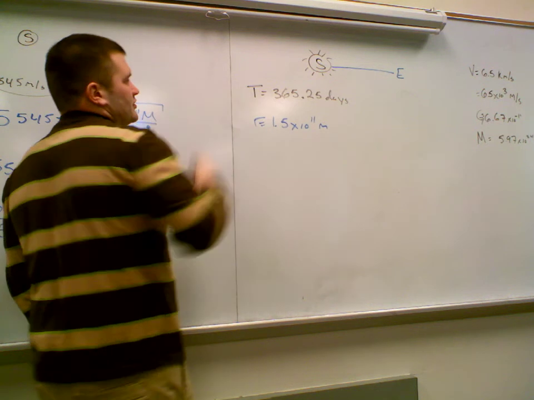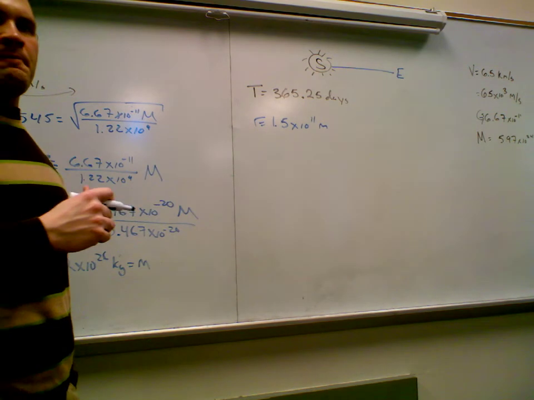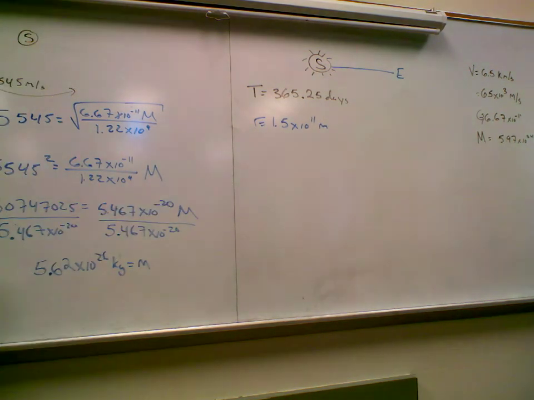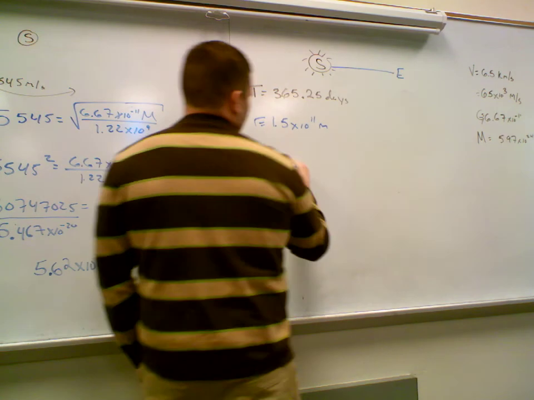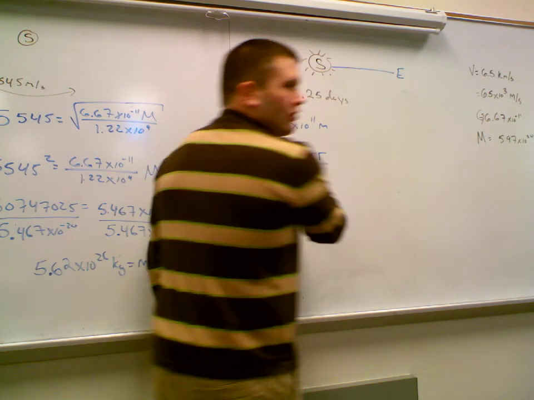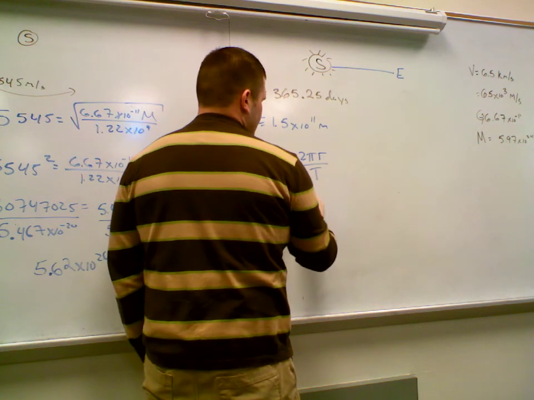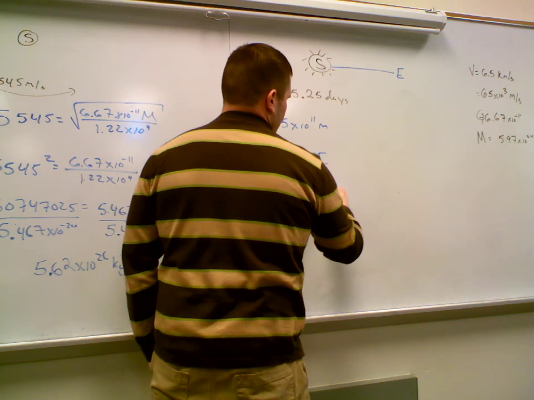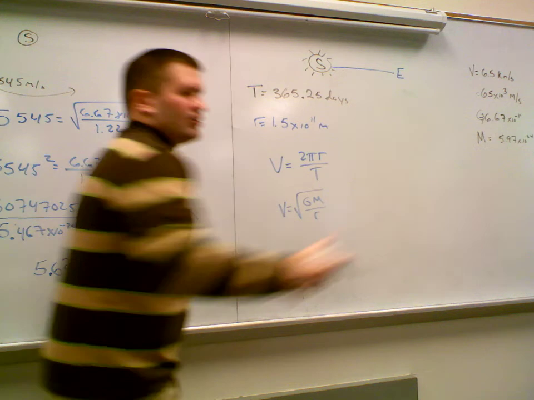So radius, period, right? We can do the same thing we did for Titan and Saturn to figure out the mass of the Sun. You start here, V equals 2 pi r over t. Once we get our V, we plug into this equation, and then you can find the mass of the Sun.